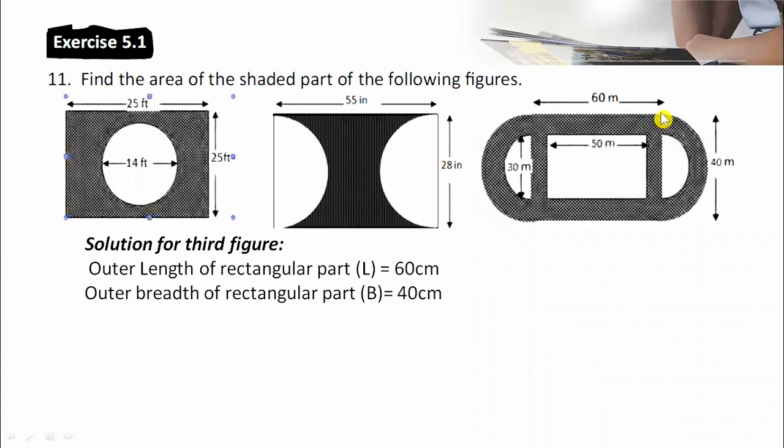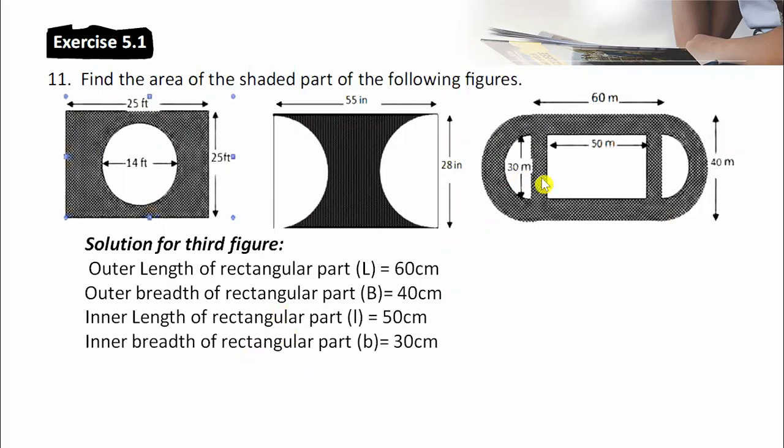Yes sir, the length from the top to here is 40. So the outer breadth of the rectangular part is 40 centimeter. Similarly, inner length, look at this one, 50. Here it is 50 centimeter. And inner breadth, look at this one, 30. Here it is 30. Inner breadth of the rectangular part is 30.